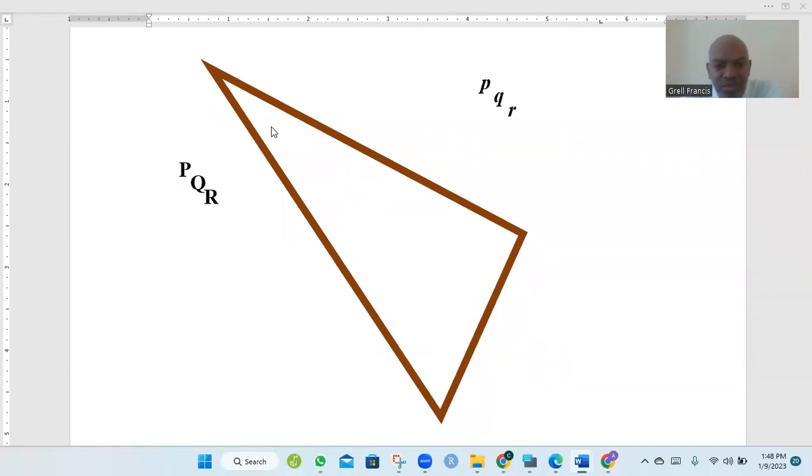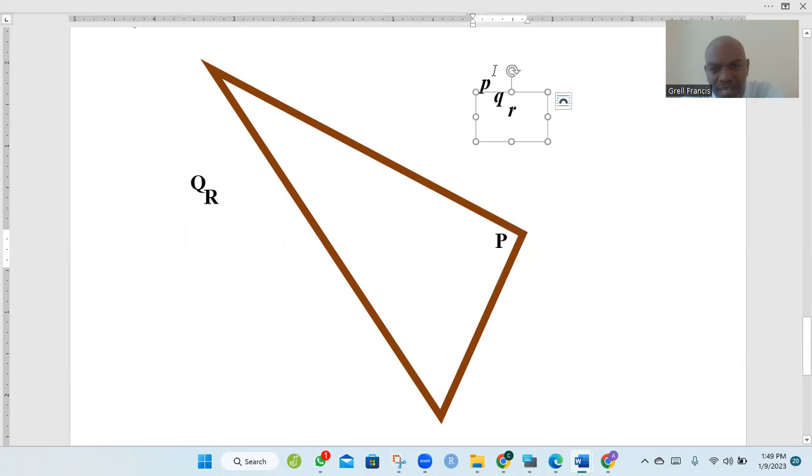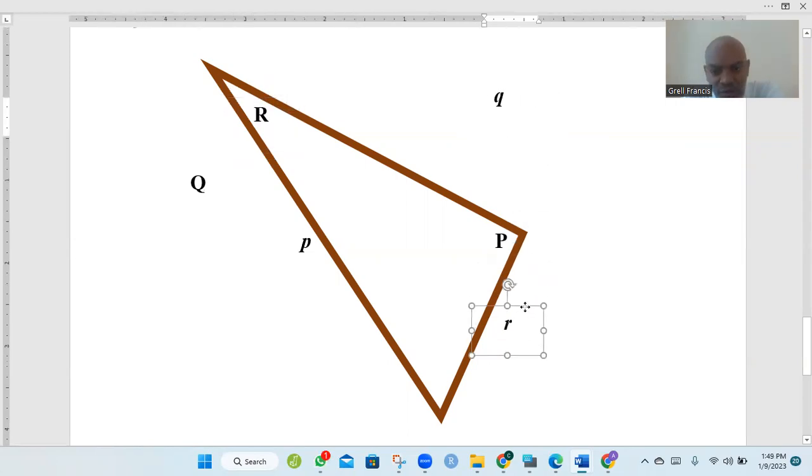So therefore, let us apply this to this oblique triangle. We're going to use different letters: P, Q, and R. So if we put angle uppercase P here, then to properly label, side p will be opposite to angle P. If we put this angle as uppercase R, we have to use lowercase r for side r.